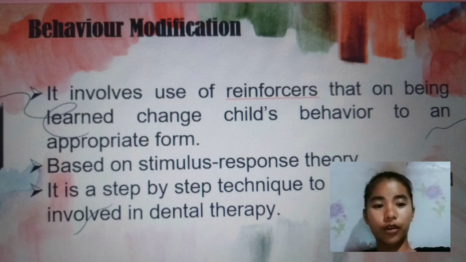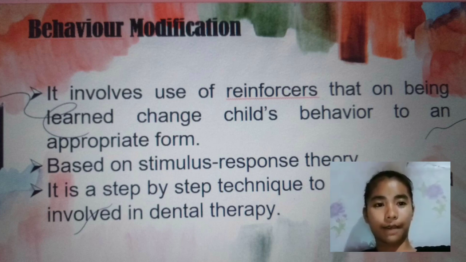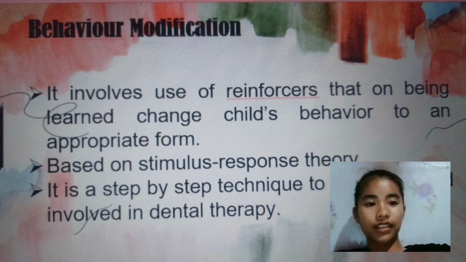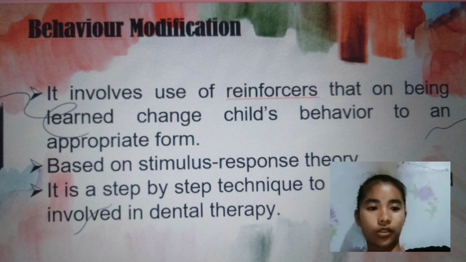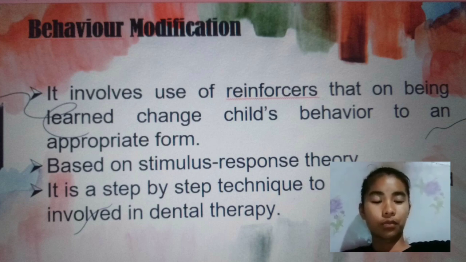An example of behavior modification is changing the environment in a way that gives your child more incentive to follow the rules. Behavior modification involves use of reinforcers that, on being learned, change the child's behavior to an appropriate form based on stimulus response theory.